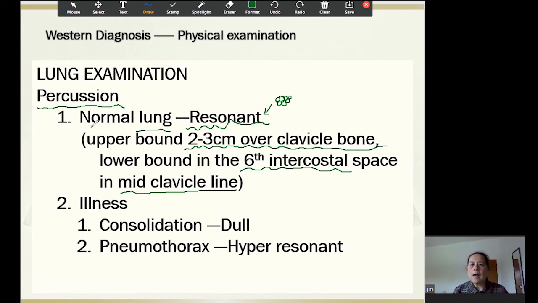And if the sound changes, that's the lung area.